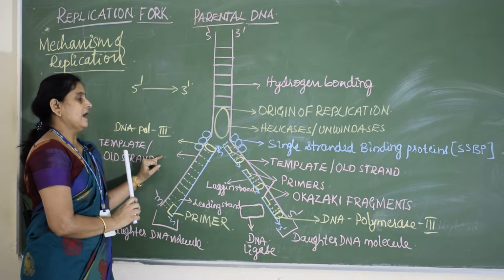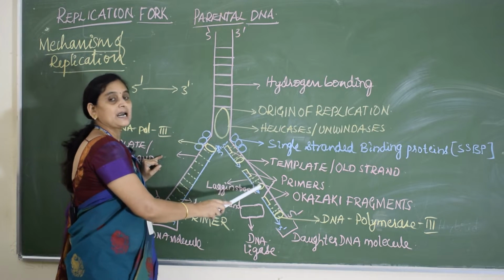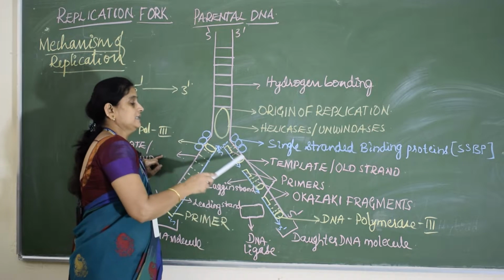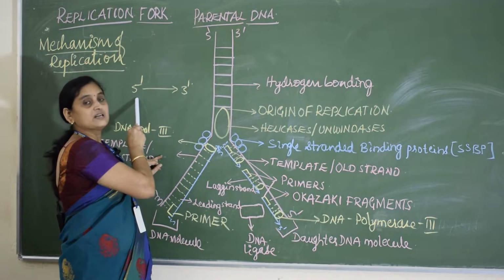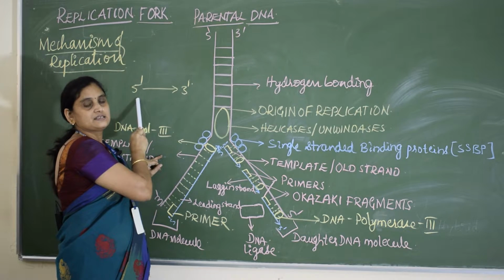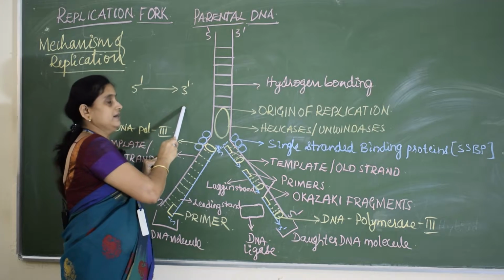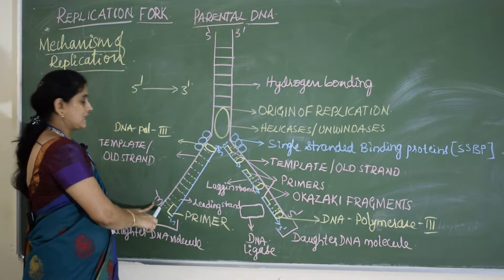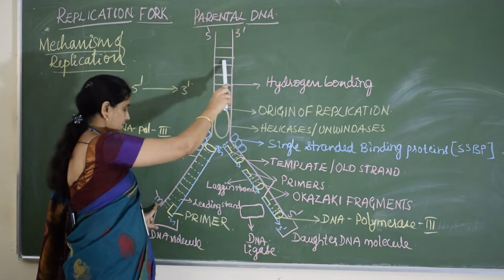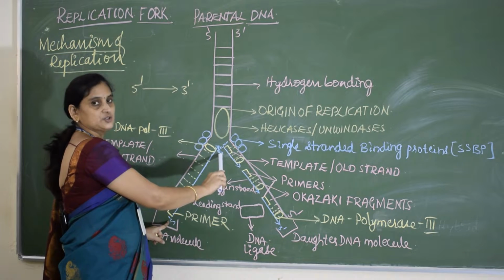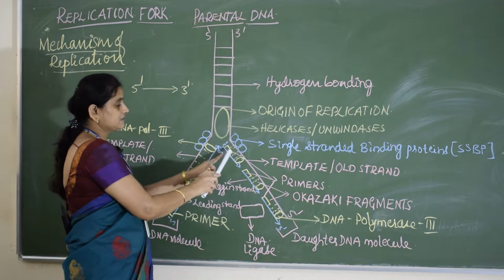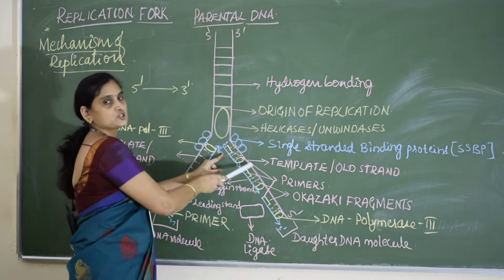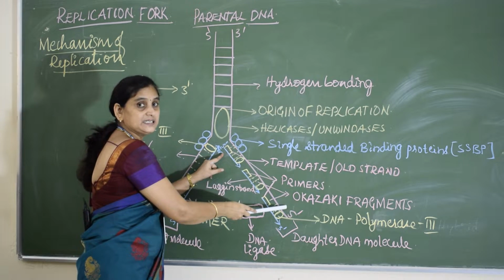Now you may have the question, why is this strand replicated discontinuously into small fragments? Because as I mentioned, replication takes place in only one direction, that is 5' to 3'. It won't occur in the opposite direction. Since this template was available in a continuous stretch, continuous replication took place on it. But this template, as it is itself in 5' to 3' direction, is not available in a continuous stretch.